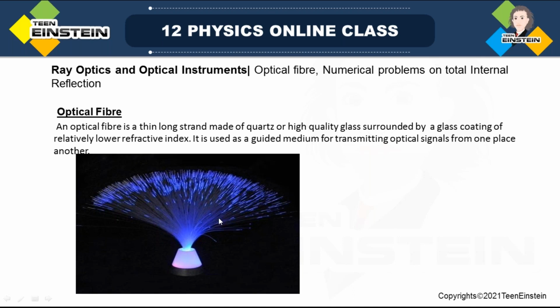Whatever light is entering the fiber, what you will see at the top, each free end will be glowing bright. So it will look like an optical fountain. If you search on the internet, you might get many other colorful optical fountains. These are each made up of optical fibers.